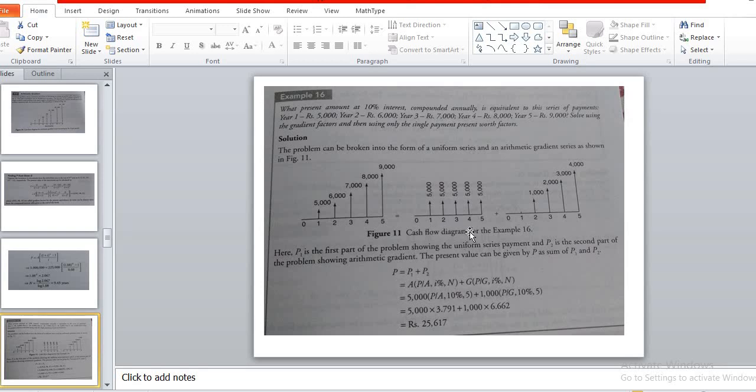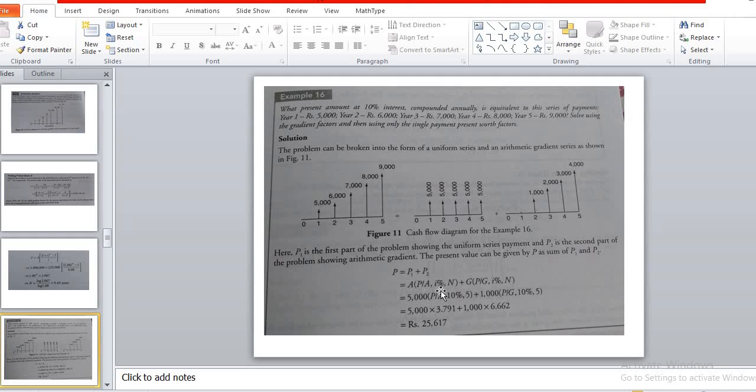P1 is related to the uniform series payment, and P2 is related to the gradient condition. The first part, P1, is to find the present value for the given payment or annuity at each year, first year, second year, third year, fourth year, fifth year, and that annuity is a constant here, 5,000, 5,000, 5,000, like that, with some interest rate I for 5 years.